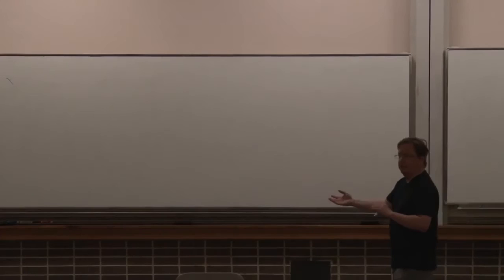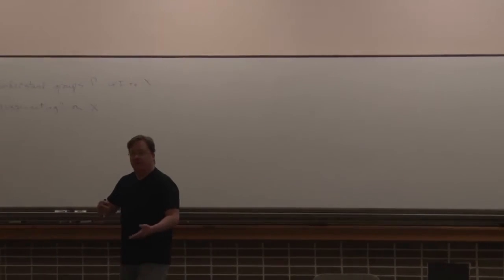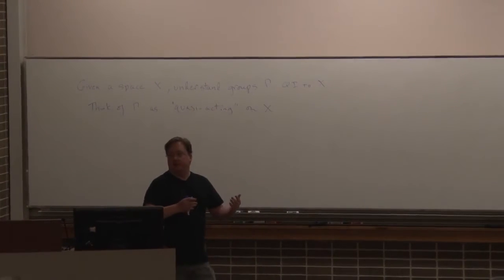The constants are all uniform across all the elements of gamma, and the compositions behave exactly the way you expect them to for a group action up to bounded distance.